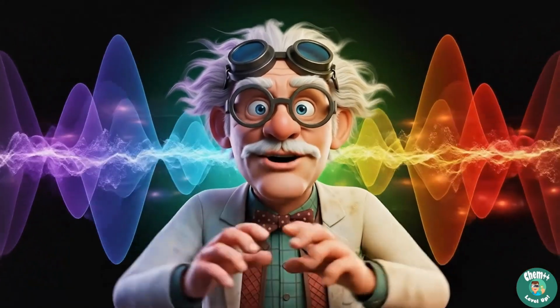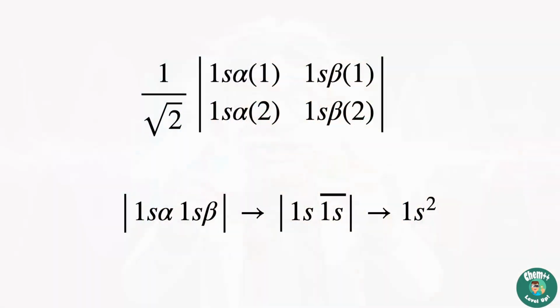Now we connect everything. Instead of writing full Slater determinants like this, chemists simplify it like 1s alpha, 1s beta goes to 1s, 1s, goes to 1s squared. The last one is the electron configuration.